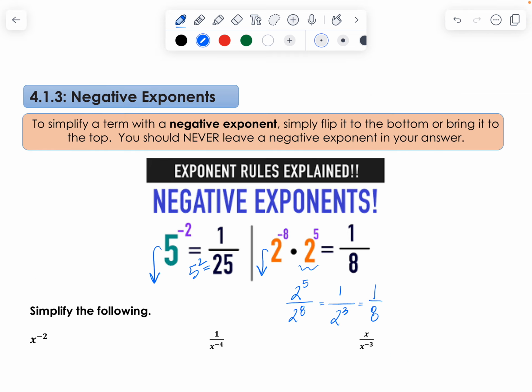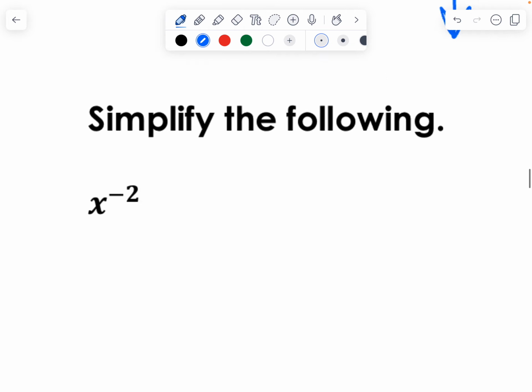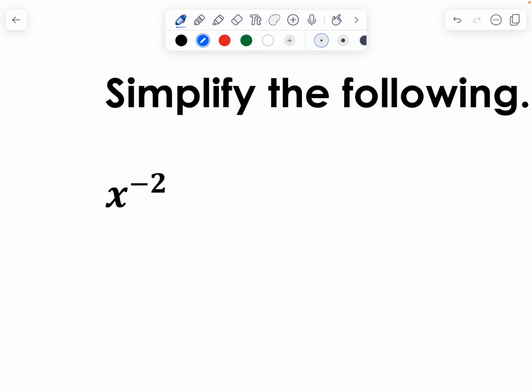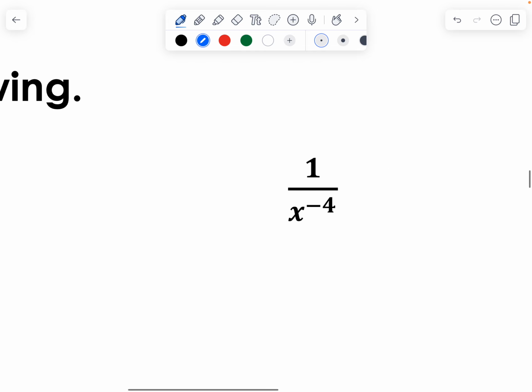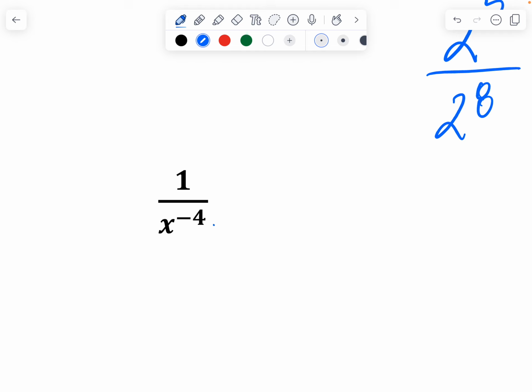All right. So now let's try simplifying. So here we've got a negative exponent, x to the negative 2nd. To turn that positive, we're going to send it to the bottom. But we have to leave a placeholder 1 up top. Okay, so notice now that we wrote it on the bottom, that turns that exponent positive. Okay, here we've got our negative exponent on the bottom, so we send it to the top.